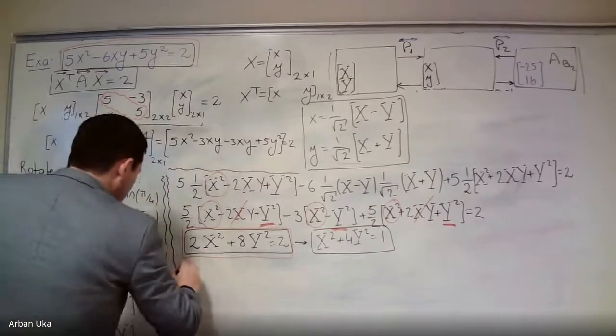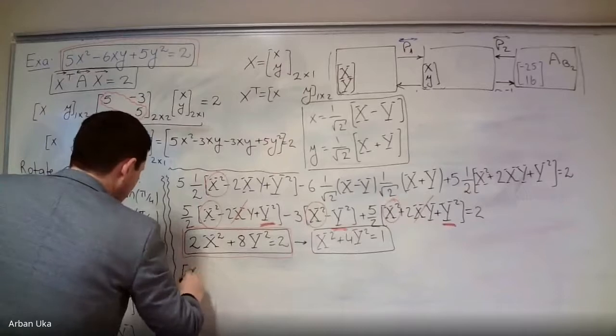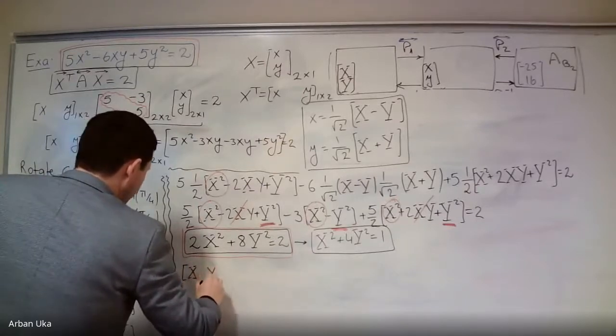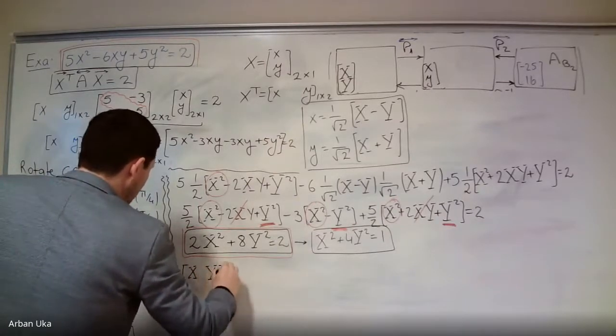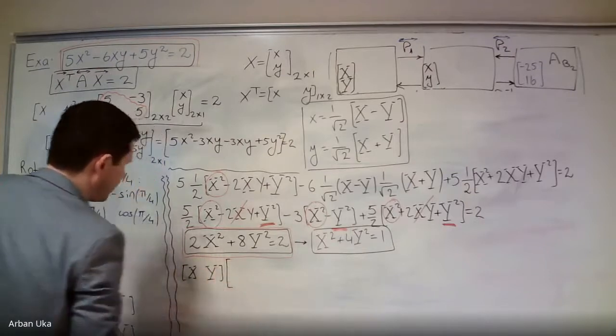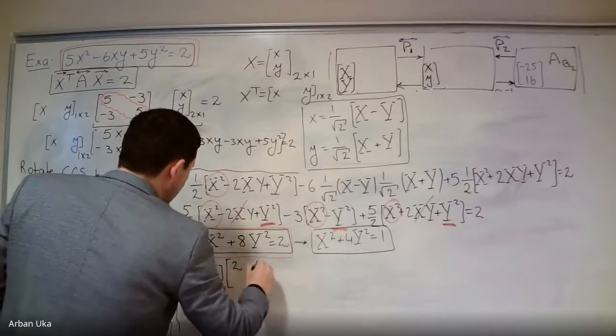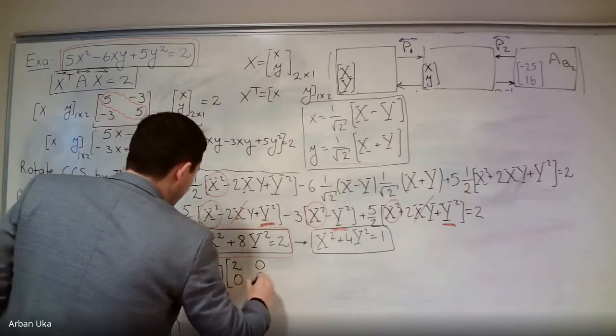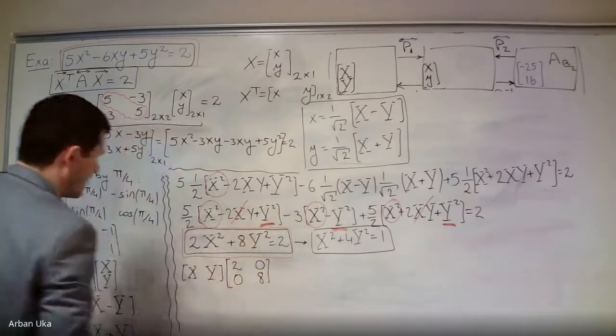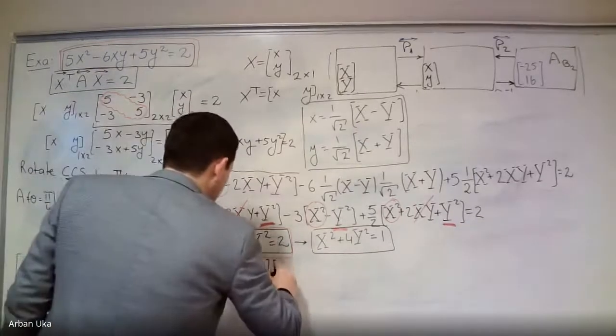Let's try to write down the same vector here now in matrix notation. If we try to write this one in matrix notation, we will have x and y times this matrix times x and y.